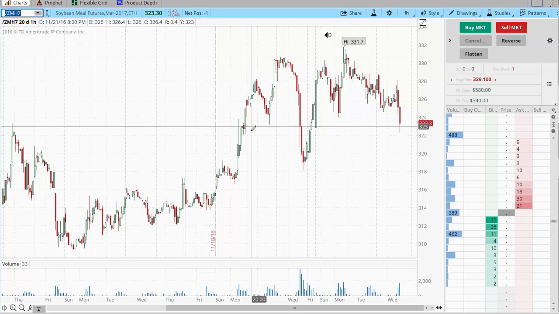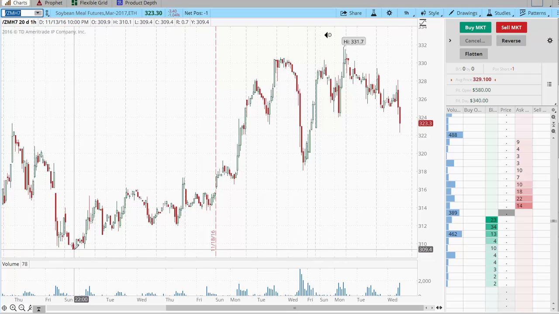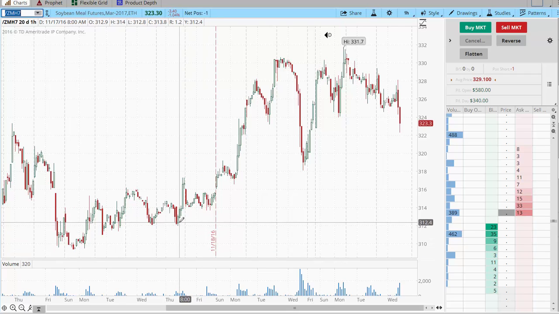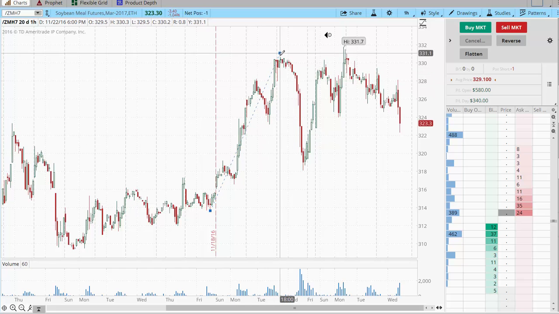And if we use our regular Andrews lines, let's see, did we have divergence or not? Let's take a look.